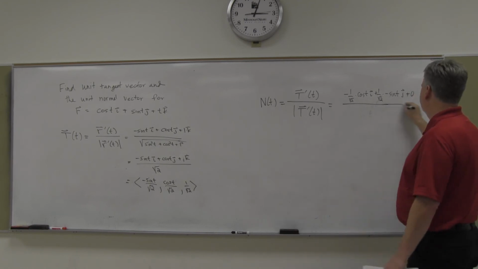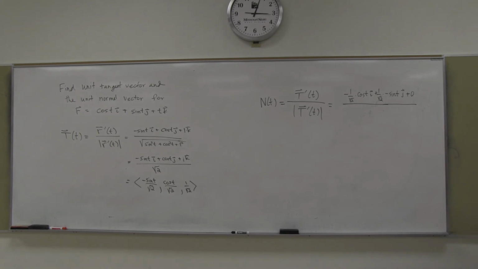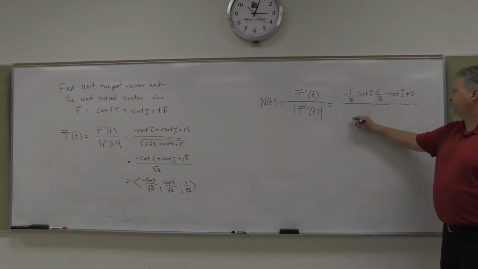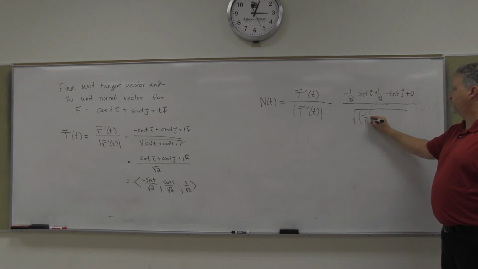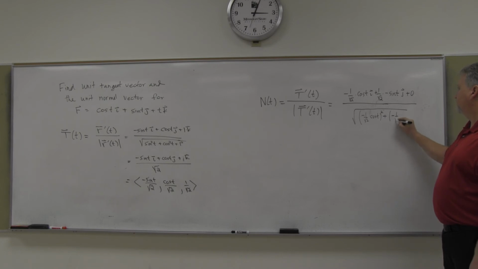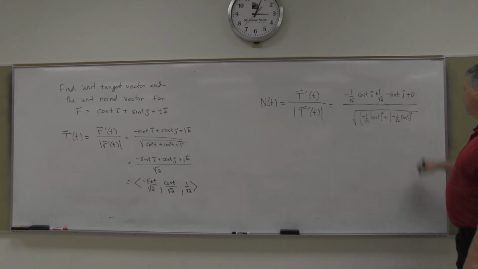Do the derivative; the k component is 0 because it's a constant. Then divide that by the magnitude, so we have the square root of negative 1 over square root of 2 cosine t squared plus negative 1 over square root of 2 sine t squared, and then the 0 squared.